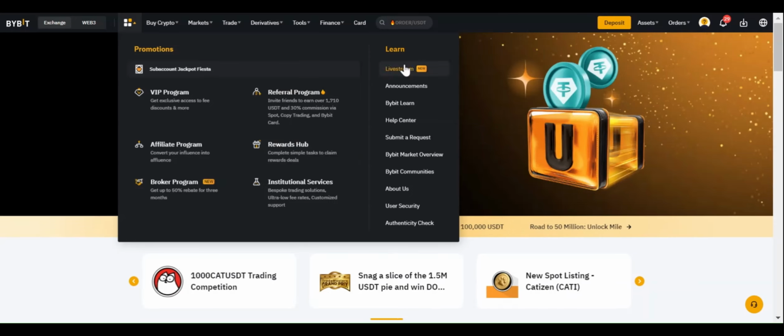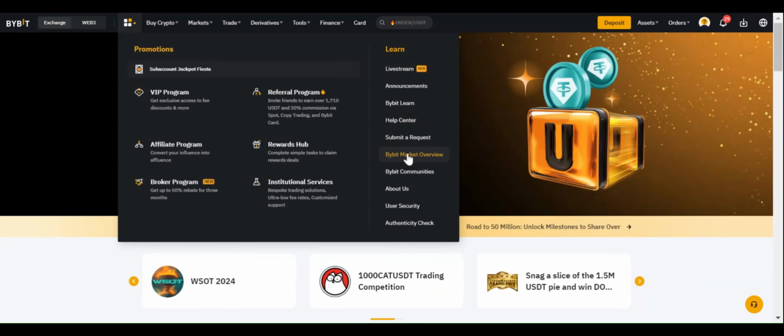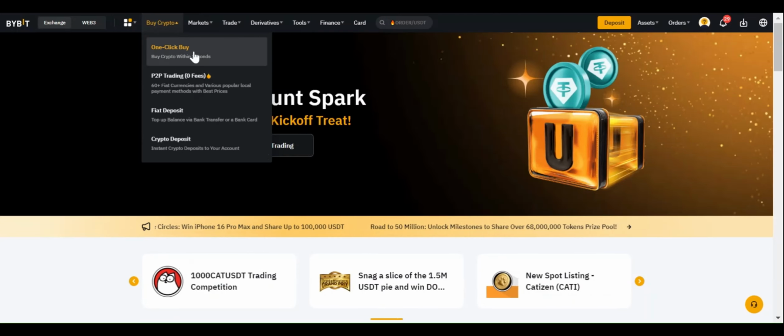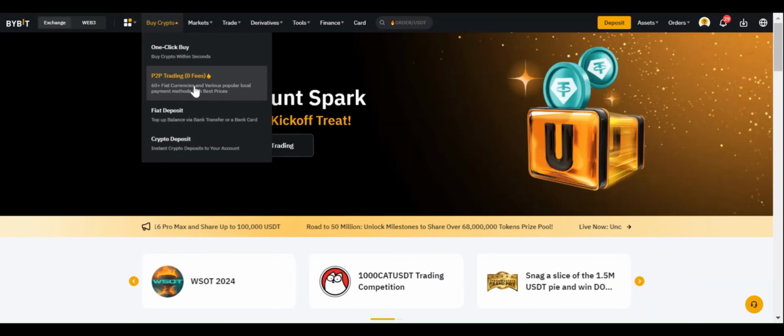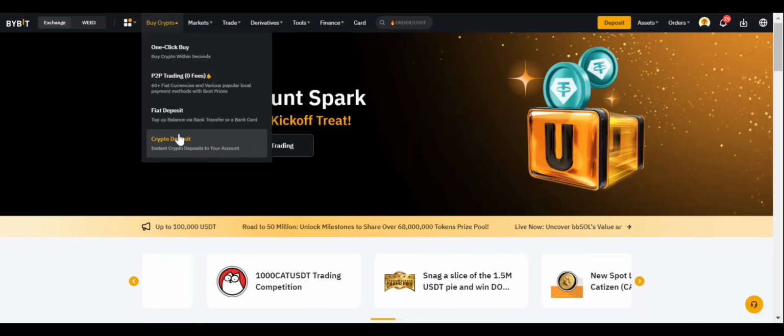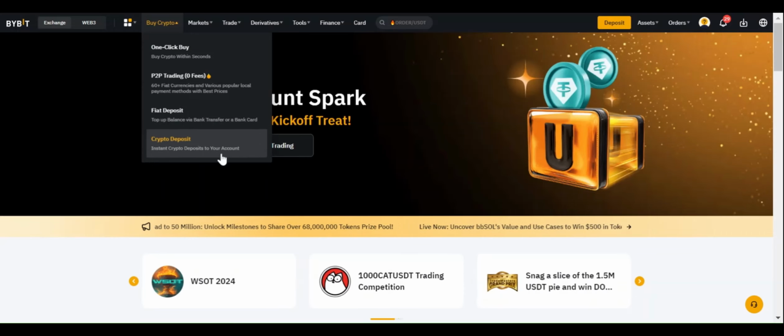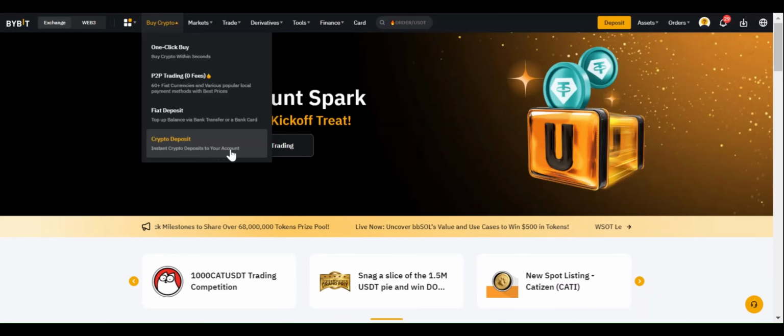This says learn, live stream announcements, Bybit learn, and all of that about us. Buy crypto, one click buy crypto within seconds, P2P trading, fiat deposit, crypto deposit. This fiat deposit says top up balance via bank transfer or a bank card. And crypto deposit says instant crypto deposits to your account.